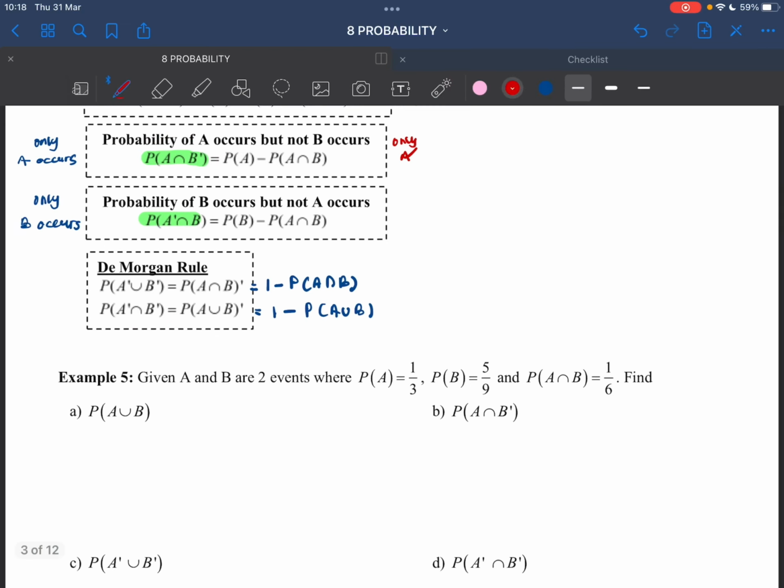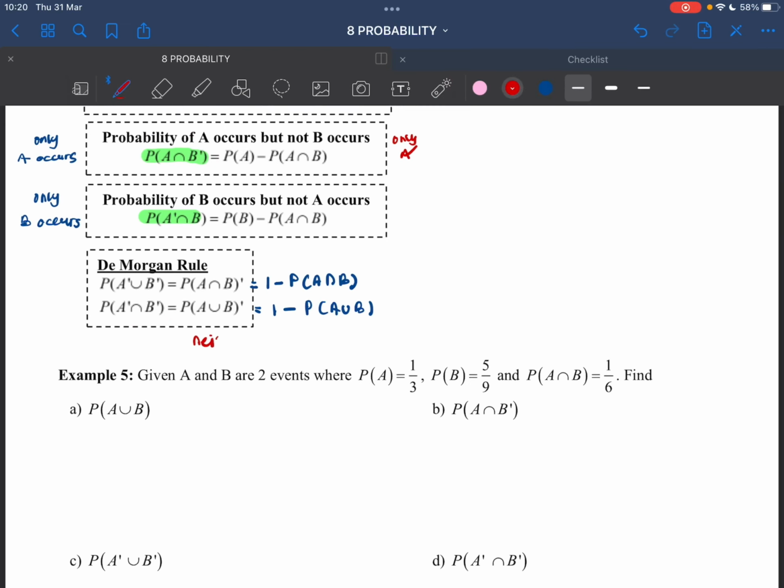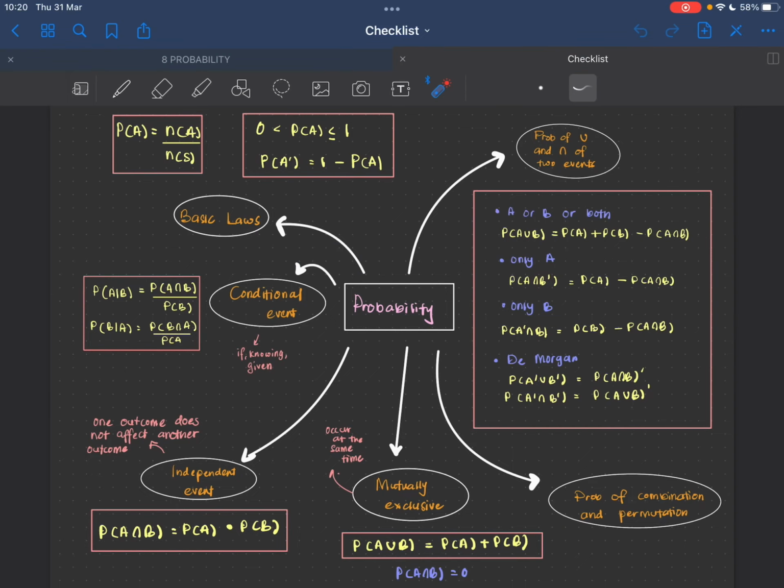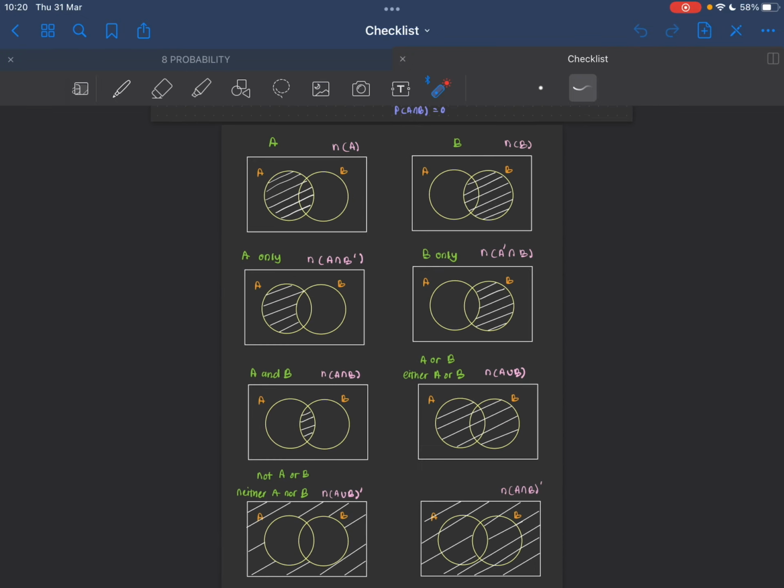And if the question says neither A nor B, it is P(A union B) prime. The one below is the same as not A or not B. You are going to see this more in the questions. I sum up with the Venn diagram. Neither A nor B is the probability of (A union B) prime.